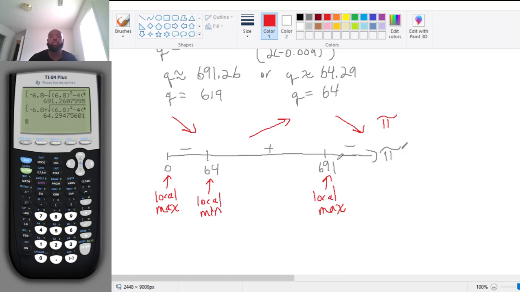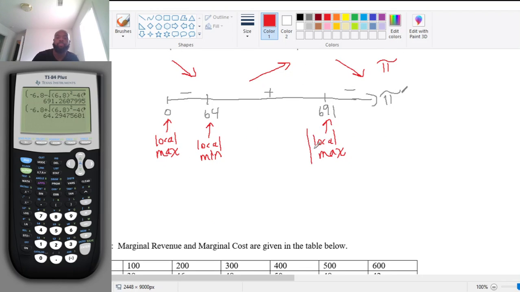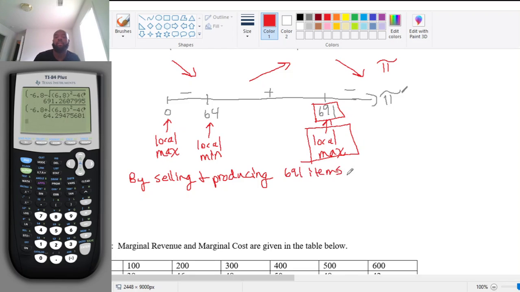And so this is the quantity that actually maximizes profit, right? So by producing and selling, and I guess you produce before you sell, so I should say producing and selling 691 items, the profit will be maximized.